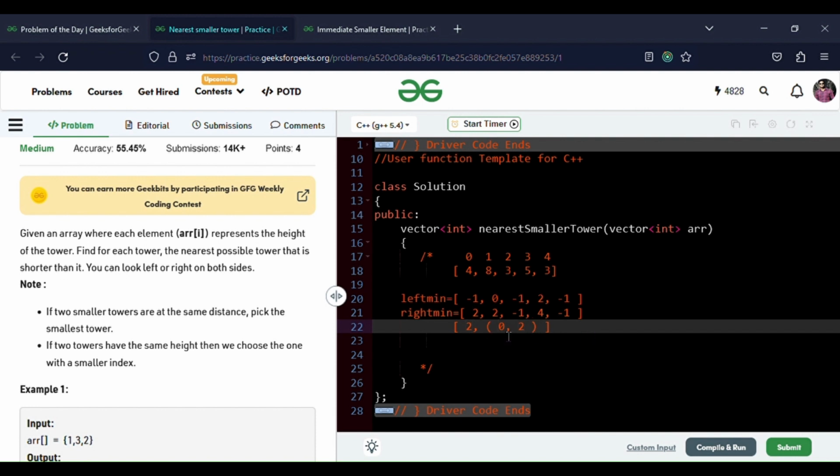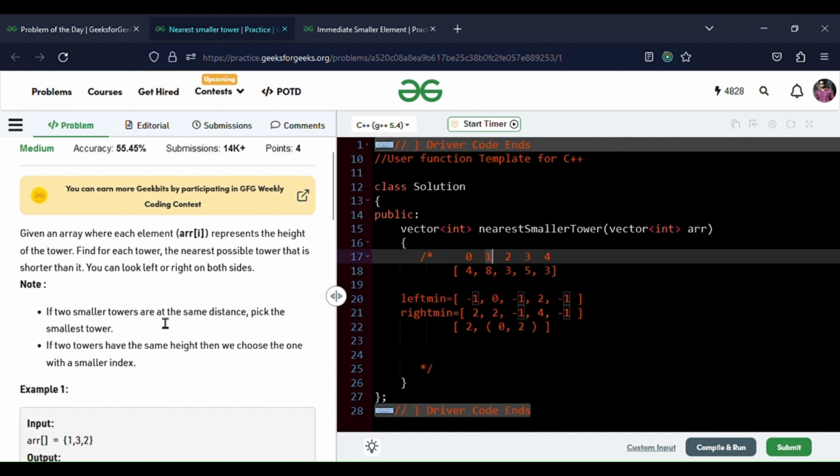We have to pick 1. So from 1 the distance between 1 and 0 is 1, and from 1 the distance between 1 and 2 is 1. So the distance between these two elements from 1 is the same. If the distance is the same, we have to pick the smallest tower.